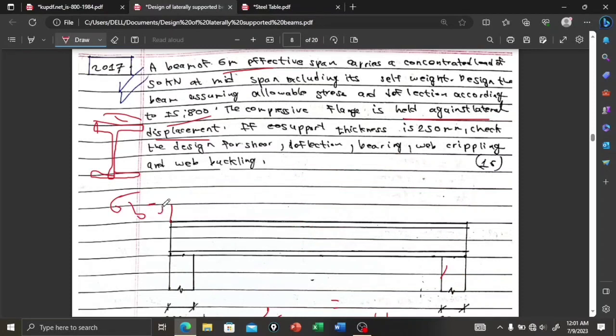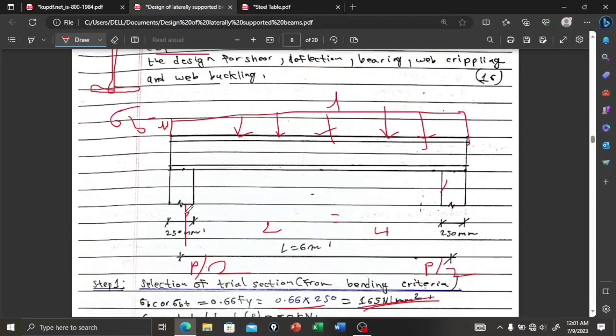WL will be the total vertical load and each support will bear WL divided by 2.